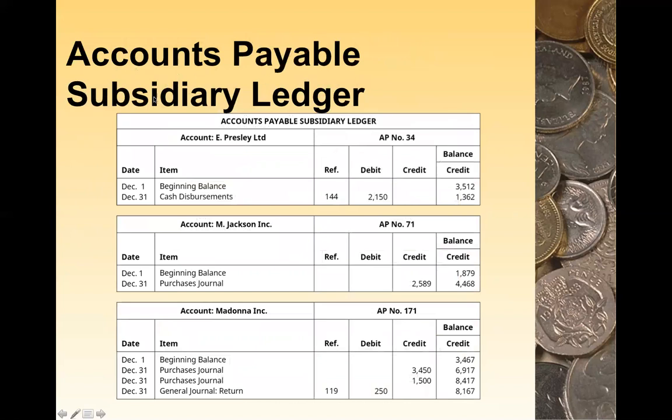Same goes with the accounts payable. Sa accounts payable, may subsidiary ledger din. So lahat ng ating mga supplier na may utang tayo, dapat magkaroon din sila ng separate accounts payable subsidiary ledger. Pero uulitin ko, hindi pwedeng nawawala yung tinatawag na accounts payable na general ledger. Same goes with the accounts receivable general ledger.